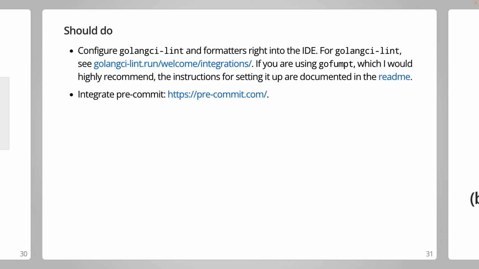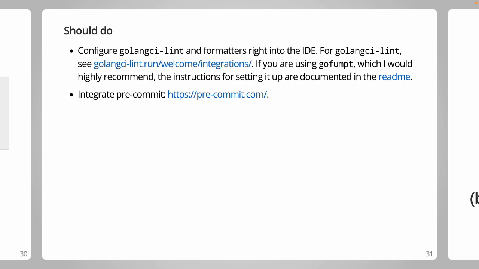Apart from this, there are a couple of things which I would strongly recommend. So as I mentioned, for linters, I think it is mandatory to an extent to ensure that you're able to get the feedback right in your IDE. There is no reason not to do this. Golangci-lint actually has a dedicated page which talks about how to actually set up the editor integration.